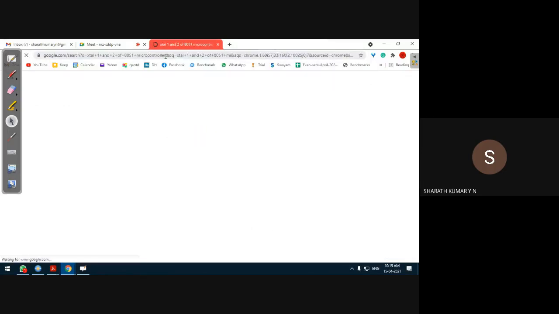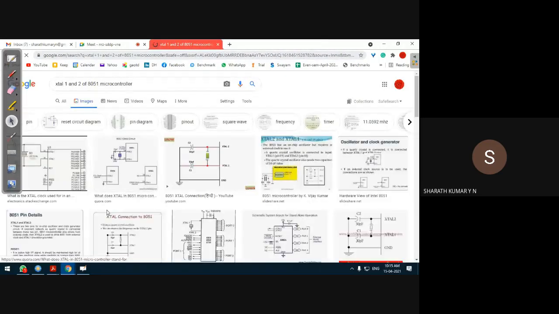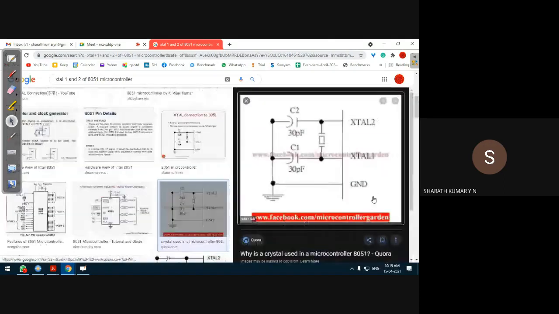They are actually used to interface an external crystal oscillator. I wanted a diagram so that we can discuss with the diagram. With the diagram we'll understand more clearly, otherwise things will not be clear. XTAL2 is explained here. This is better.